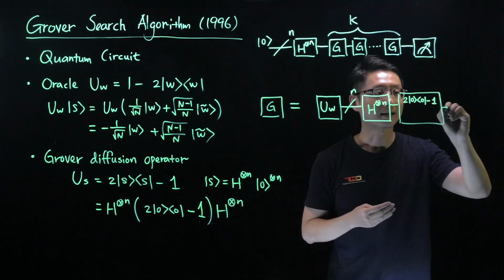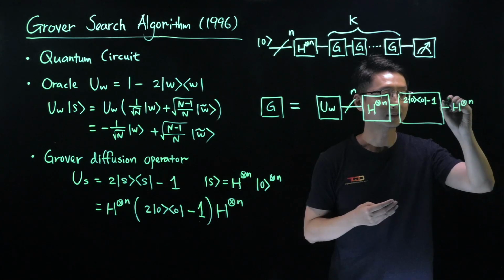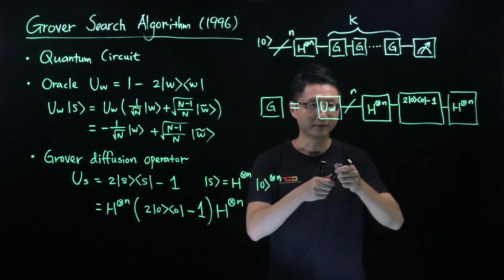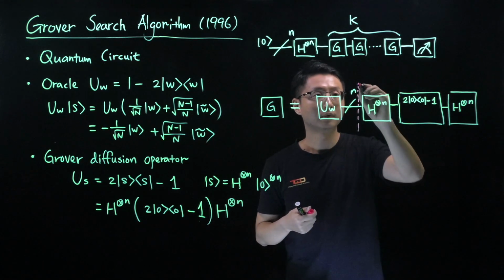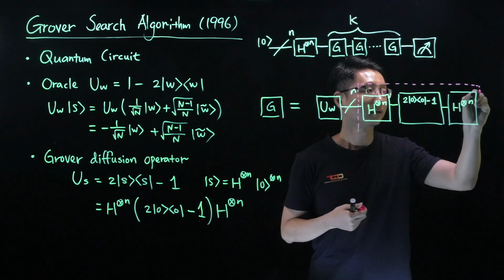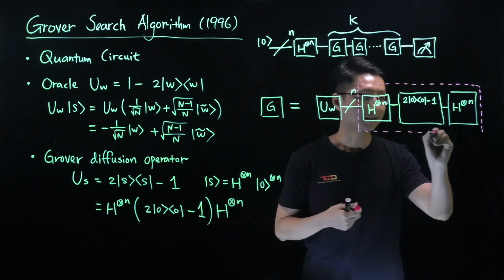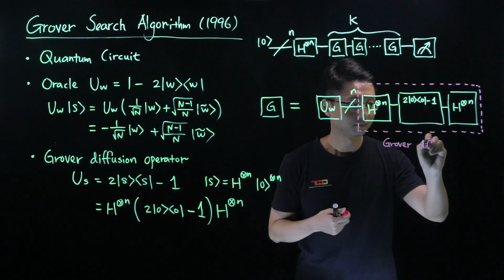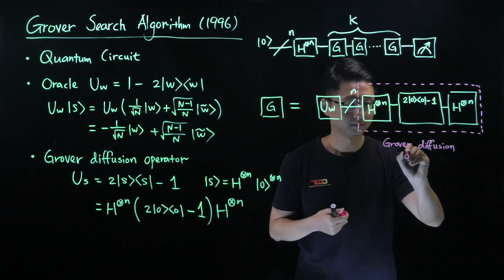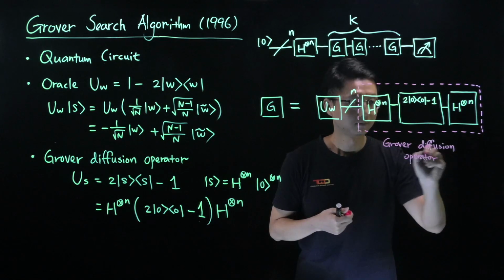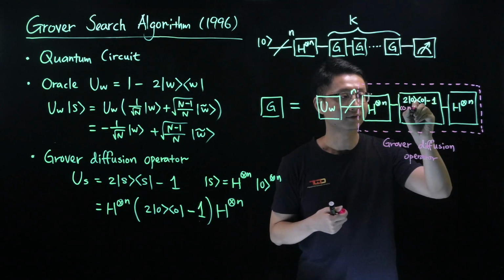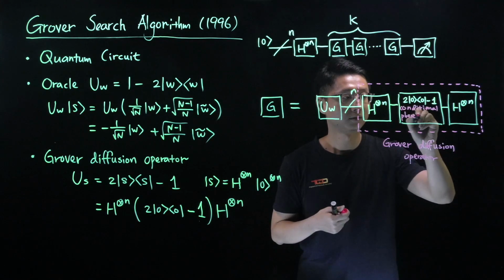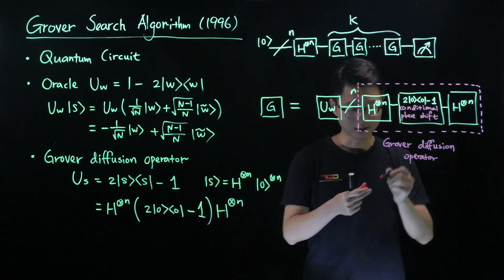And finally, another Hadamard tensor n. So the action of these 3 realizes the Grover diffusion operator. And this is a conditional phase shift, which we can actually implement in the lab.